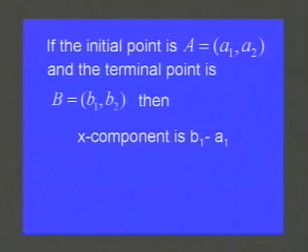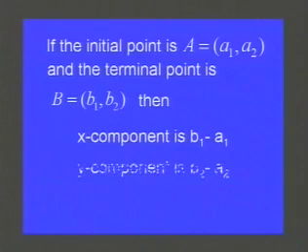Now notice when I subtract, though, I start with the terminal point. So I do b1 minus a1. Similarly, the y component is going to be b2 minus a2. So you subtract the y's, but you start with the terminal point when you do that subtraction. Very important.